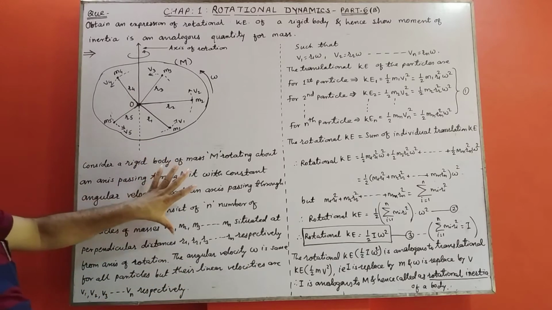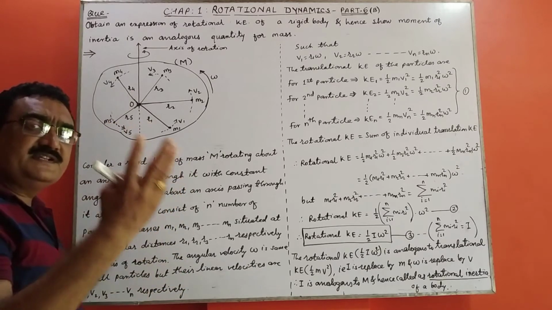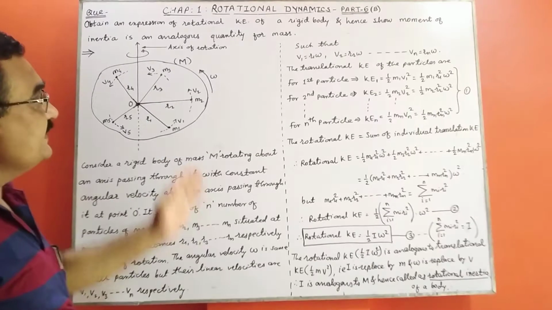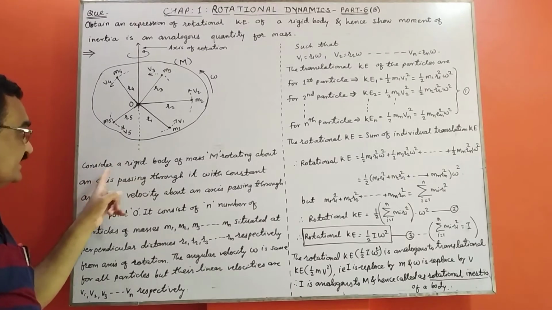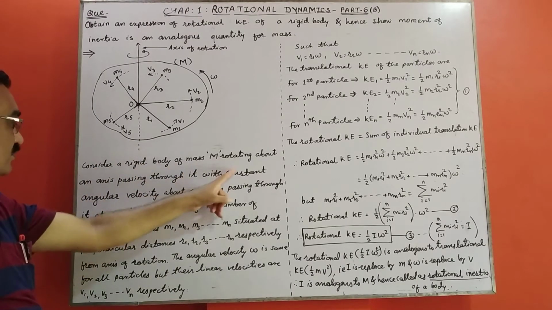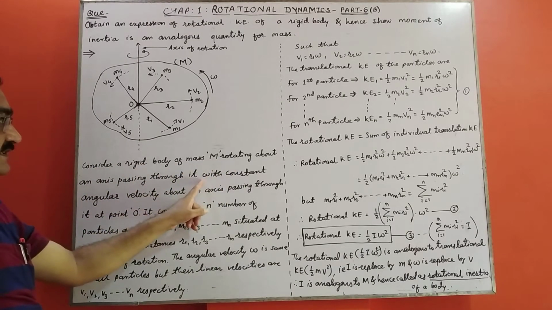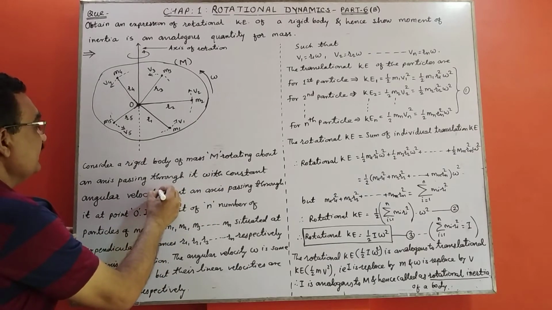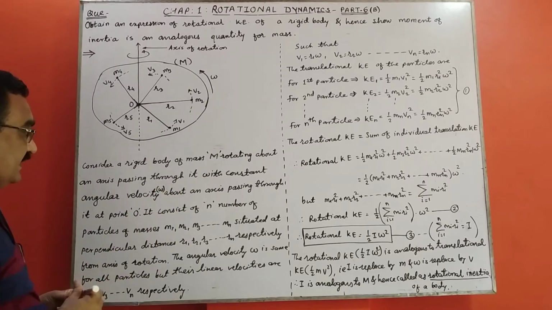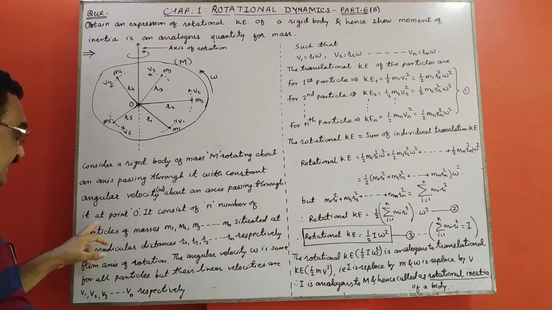and this theoretical part is nearly the same for three questions related to the rotational motion of a body. Now see that, consider a rigid body of mass m rotating about an axis passing through it at point O with constant angular velocity omega.